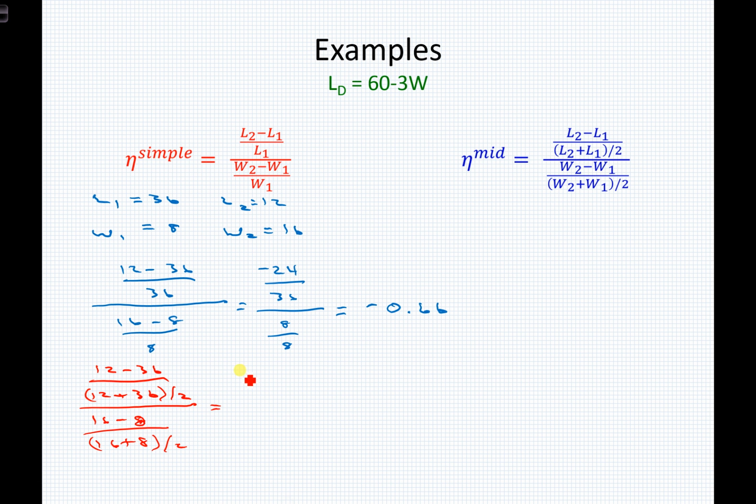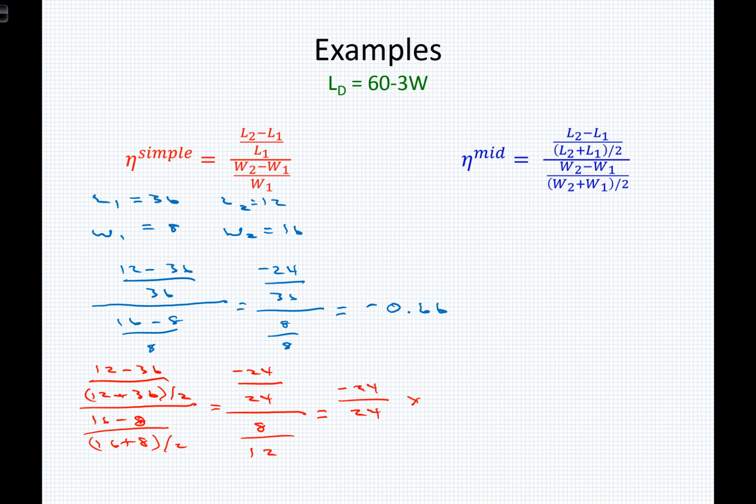Well, we continue to have then a negative 24, but now 12 and 36 is 48 divided by 2. Well, now we have 24. And we have then, similarly, the 8 that we had in the other equation, but 16 plus 8 is 24, divided by 2 is 12. This becomes a little bit less obvious to us, so let's actually do it the way that I most often do when I'm doing simple math by hand.